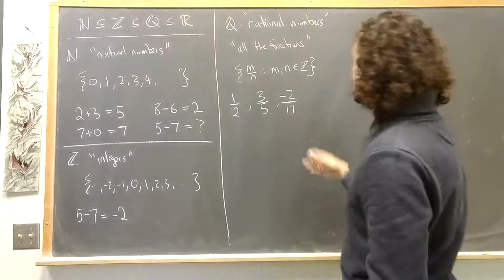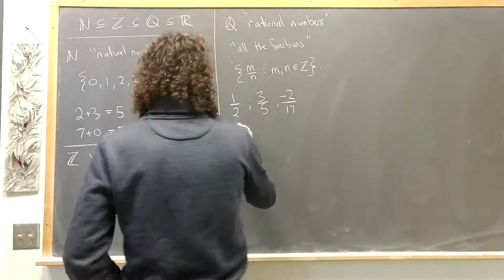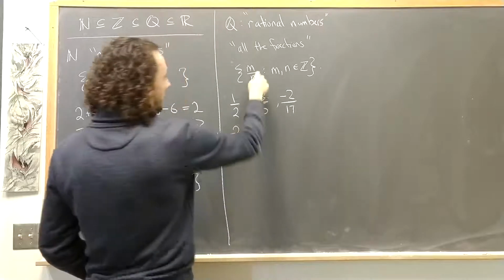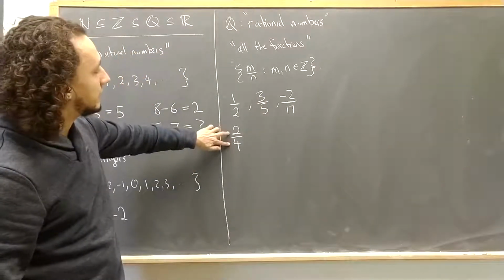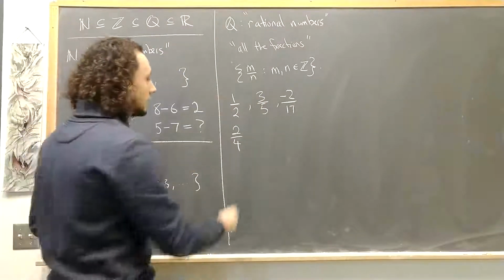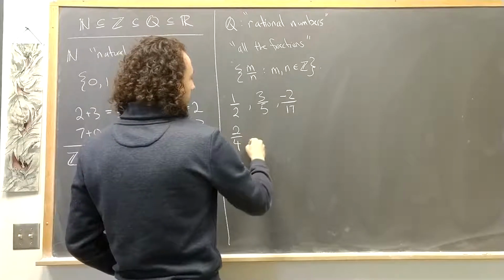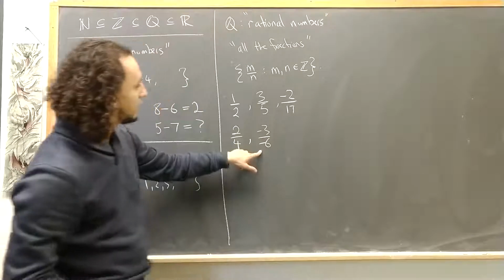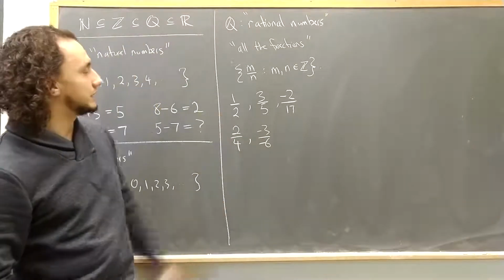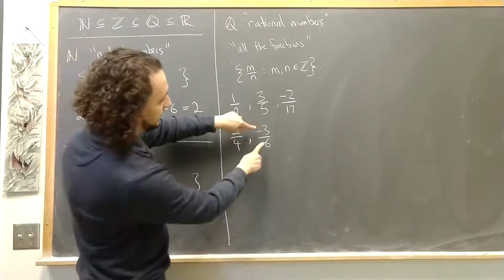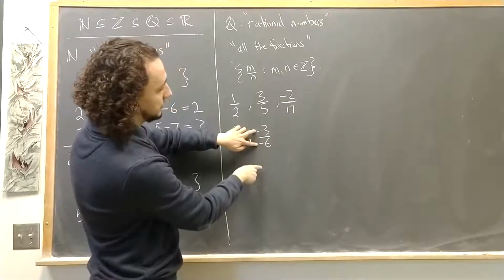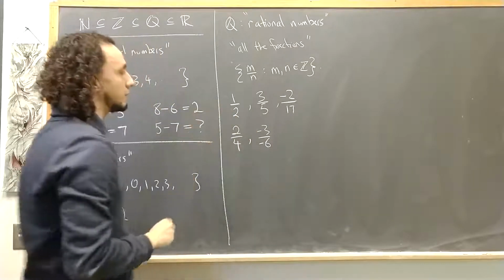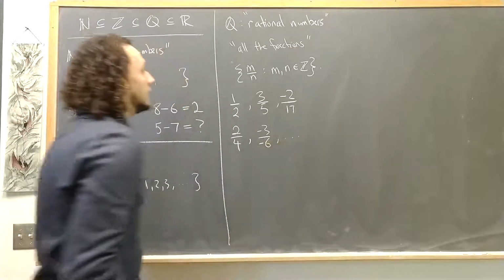I can write some fractions in more than one way. So, for example, 2 over 4 counts as a fraction, but I think of it as being equal to 1 over 2. -3 over -6 is another way of writing 1 over 2 because the 2 negatives here cancel each other out and we just get 3 over 6, which is like 1 over 2, and so on.